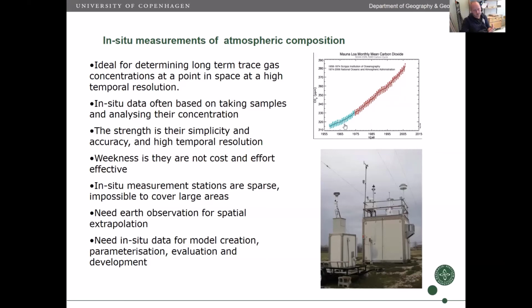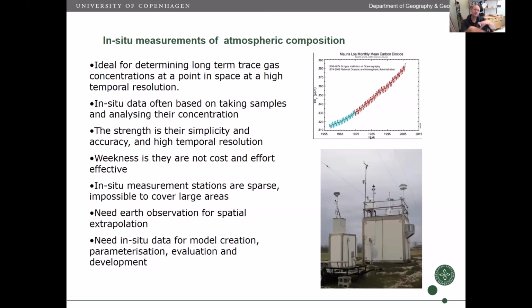So the strength of these in situ measurements is their simplicity and their accuracy, and that they have very high temporal resolution. However, it's expensive to do in situ measurements, and it's basically impossible to cover a larger area with them. So therefore, stations are very sparse. But if we want to know what's going on in a wider area, we need something else. And this is where remote sensing comes in.